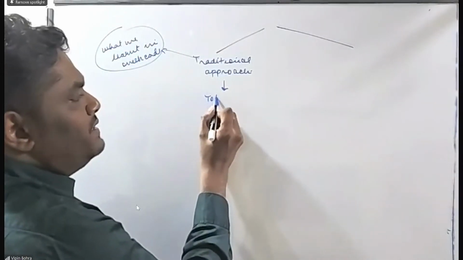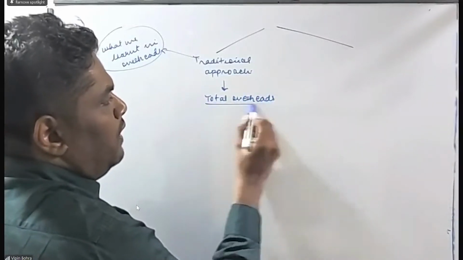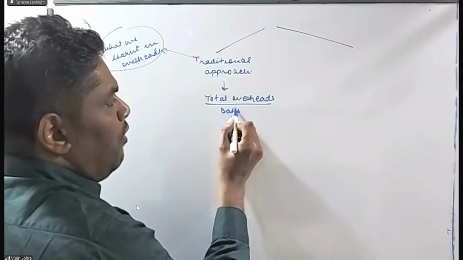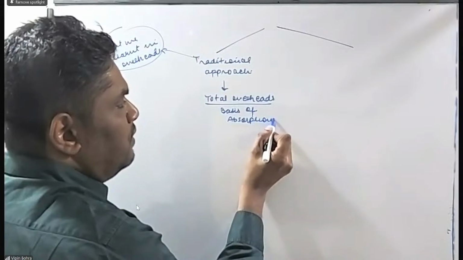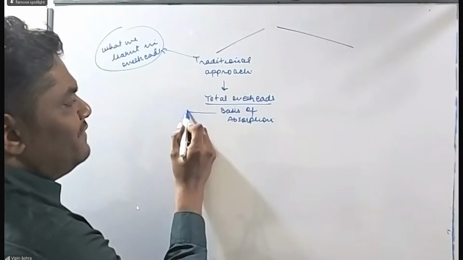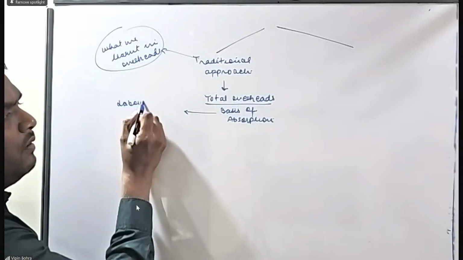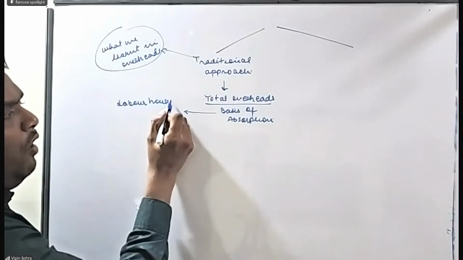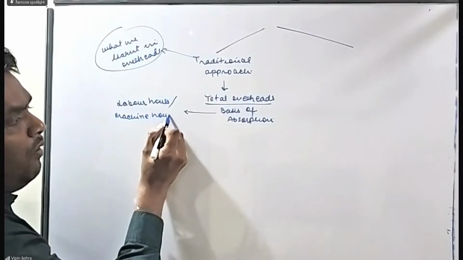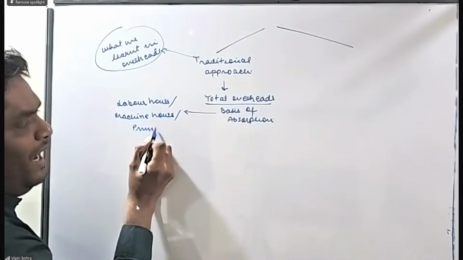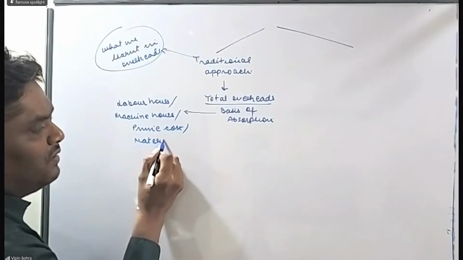That is total overheads divided by basis of absorption. When talking about the basis of absorption, it can be either on the basis of labor hours, or machine hours, or it can be on the basis of prime cost, or material cost.